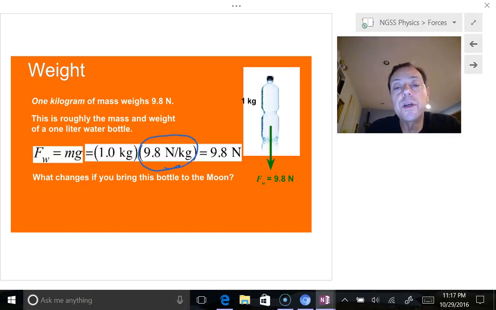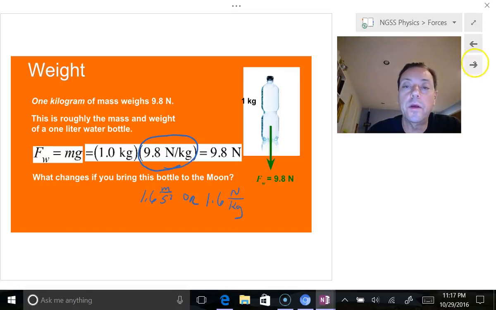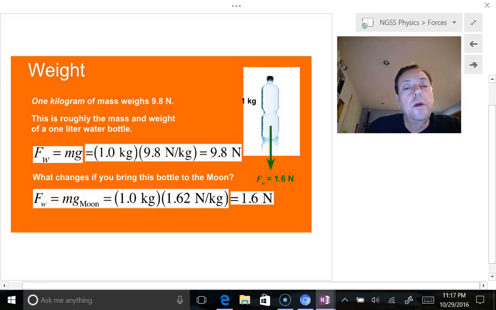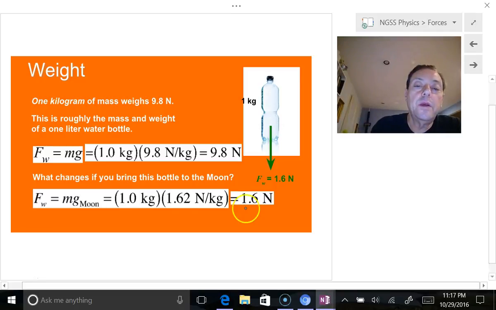It's roughly 1/6 of the Earth's gravity, or something like 1.6 meters per second squared, or 1.6 newtons per kilogram. So there we go. 1 kilogram times 1.62 newtons per kilogram is 1.6 newtons, which is roughly 1/6 of the original weight.